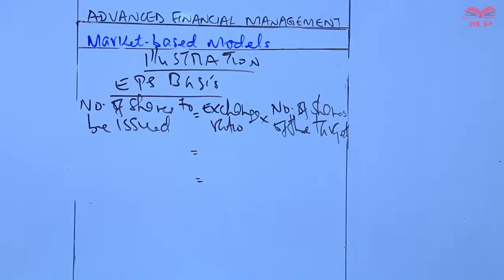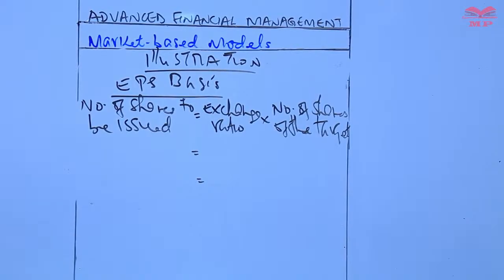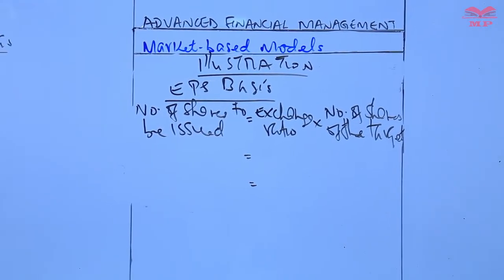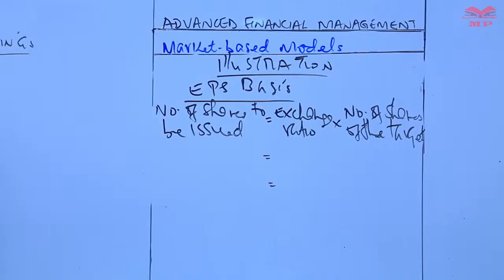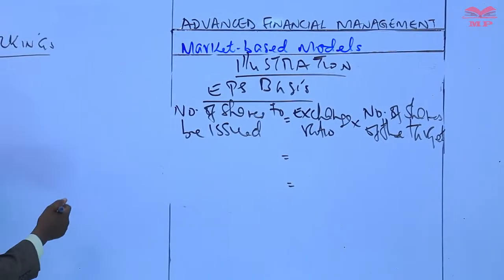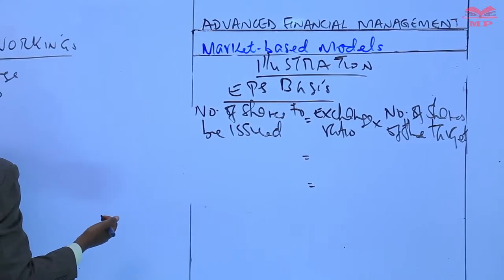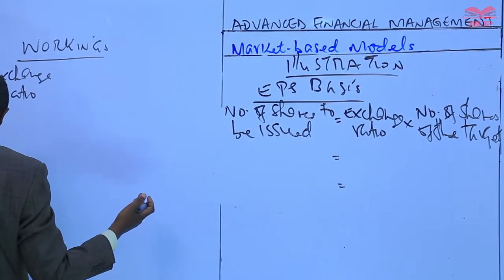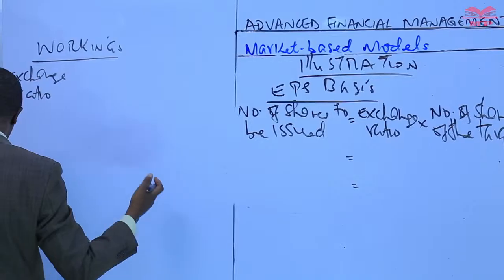Workings. First of all, we need to get the exchange ratio, and we are using the earnings per share basis.